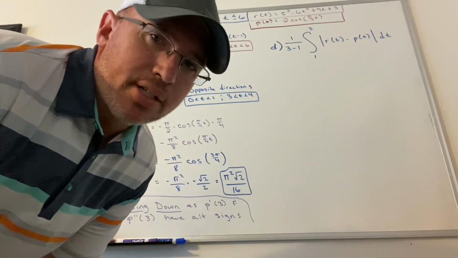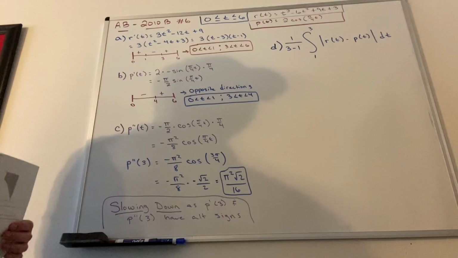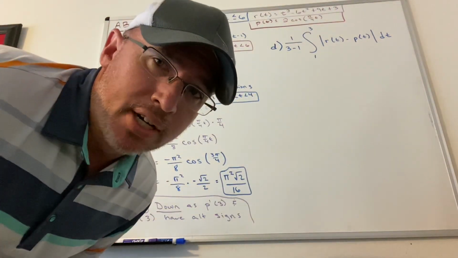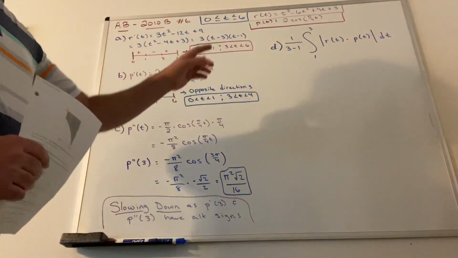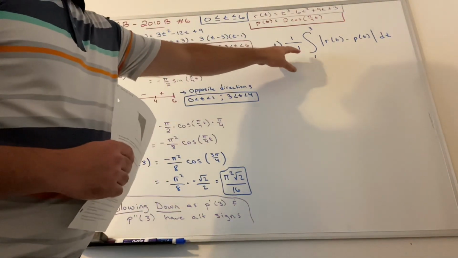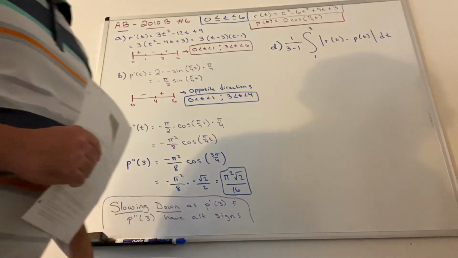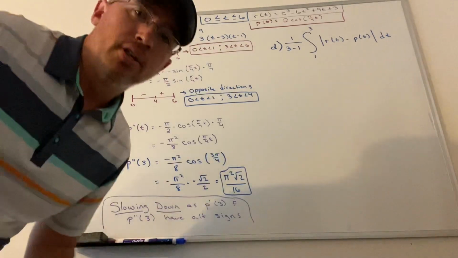It'll just be the distance. It asks for average distance, so that's like the average value of the distance. I say average value, you say: 1 over b minus a, integrate from a to b of your distance function, and that's it. You don't have to evaluate it.